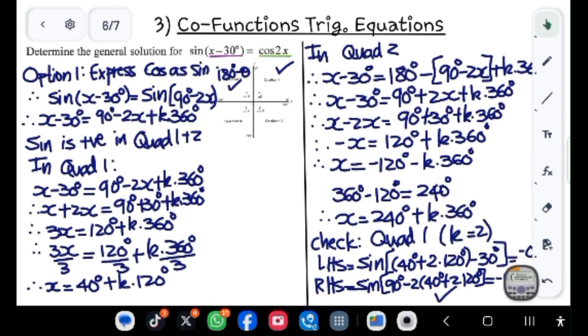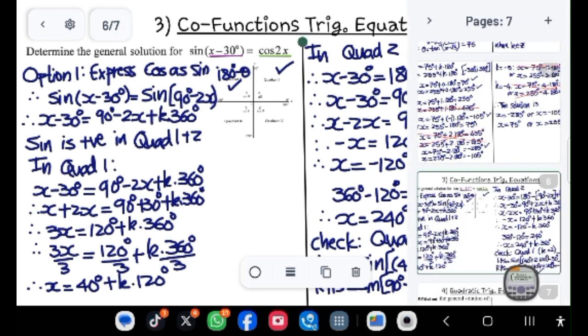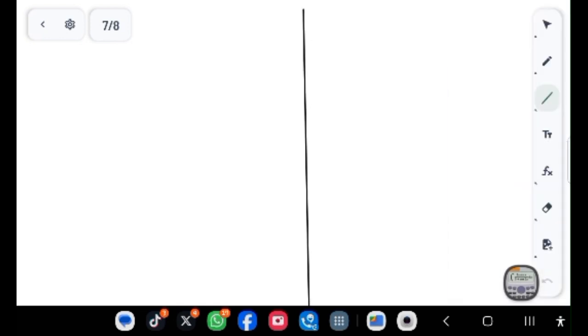Let's now go for option number 2. Option number 2 is when you convert sine into cos.